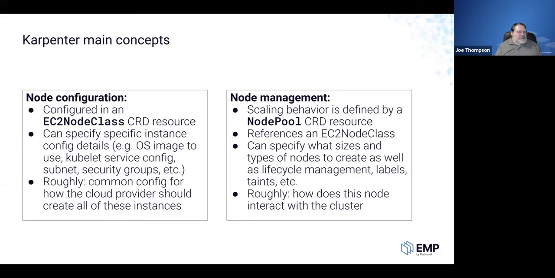Basically, when this node registers to the cluster, what does the cluster see? Is this node's config? And the node pool resource is also where you configure things like, I want to allow these specific instance categories, instance types. I want to allow or disallow Spot provisioning for this node pool, etc.